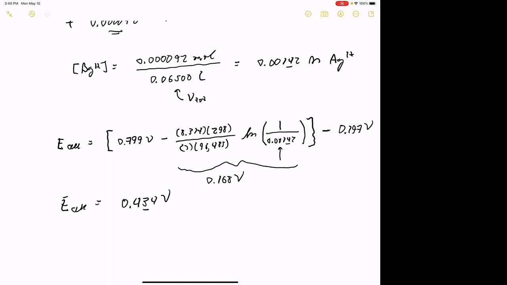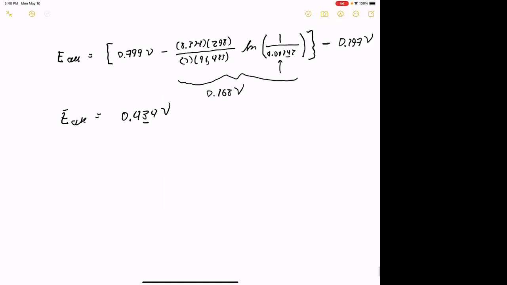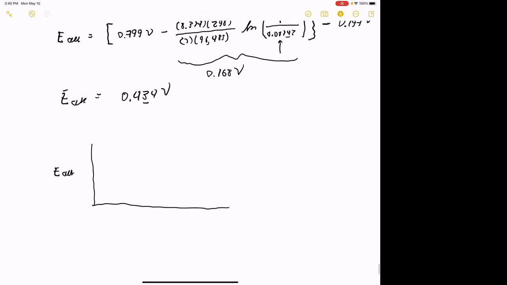Okay, so in the end, what you're going to end up getting is something that looks pretty much like a regular old titration curve. So if you were actually to plot it, and I'll just sort of eyeball it here, and you're plotting E cell instead of pH, as we'd normally plot pH or something like that, as a function of the volume of the titrant, what you're going to get is something that looks like a regular old titration curve.